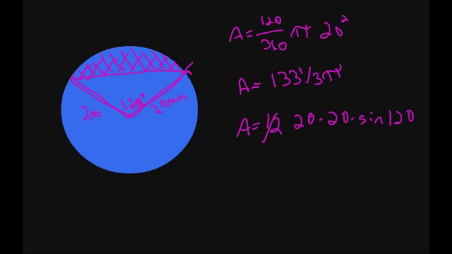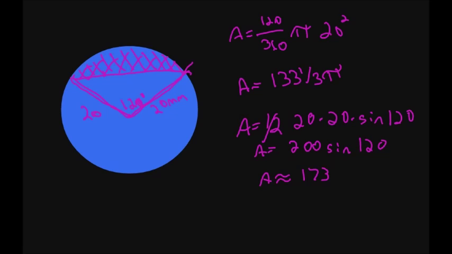So remember that formula from a couple videos ago? So 20 times 20 is 400. Half of that would be 200. So I'd end up with 200 times the sine of 120. Let's put that in your calculator. I'm going to get about 173.